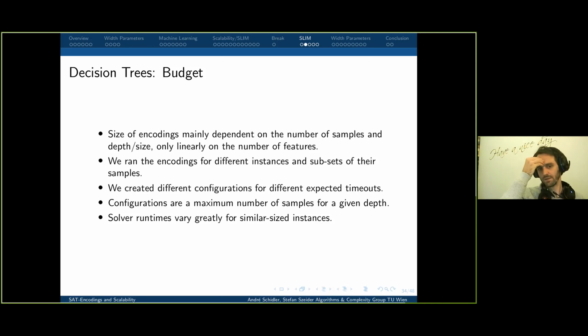So we ran the encodings for different instances and different subsets of the instances, and then we measured the time and the memory it took. And then we tried to come up with different configurations for, I think, 100, 300, and 800 second timeouts. And then we tried to set the threshold so that in most cases, the solver took shorter than the timeout.